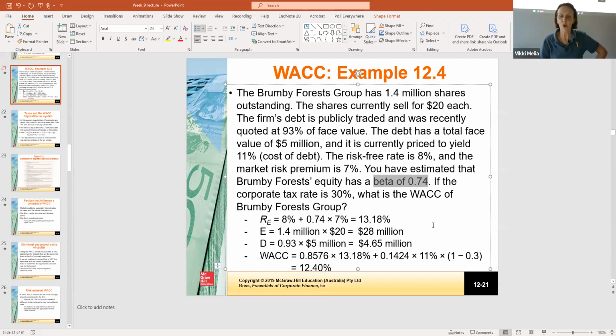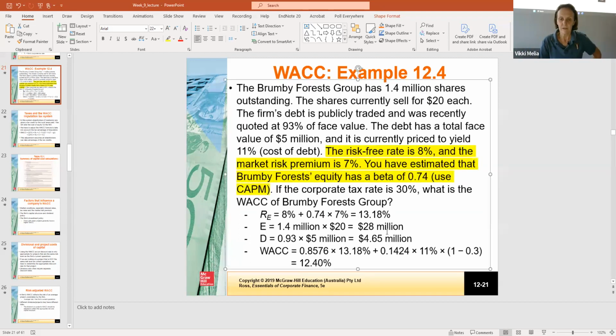So to work out the cost of equity, we're going to use all of this data here and use the CAPM, because that's what it relates to. We've also got a company tax rate of 30%. We need to calculate the weighted average cost of capital.